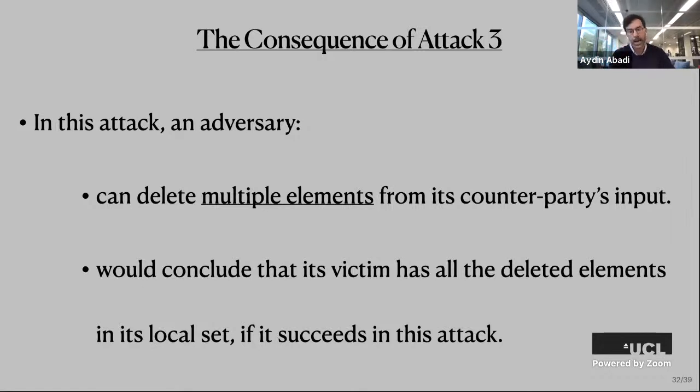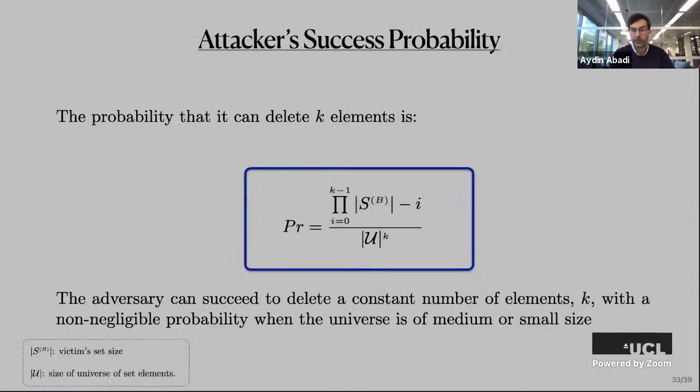So correctness and privacy are affected. In this attack, the adversary can delete multiple elements of its victim's elements with non-negligible probability. Again, here in this slide, k elements can be deleted.